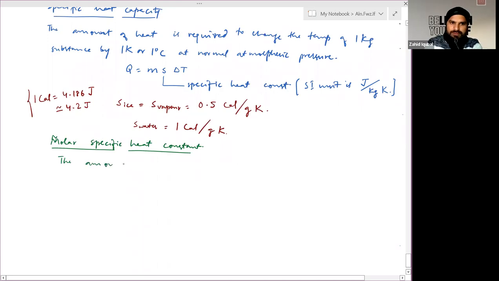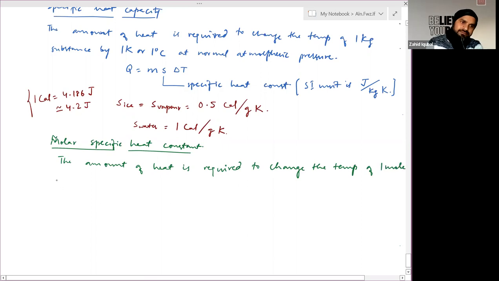The amount of heat required to change the temperature of 1 mole of gas by 1 Kelvin or 1 degree centigrade at given conditions.